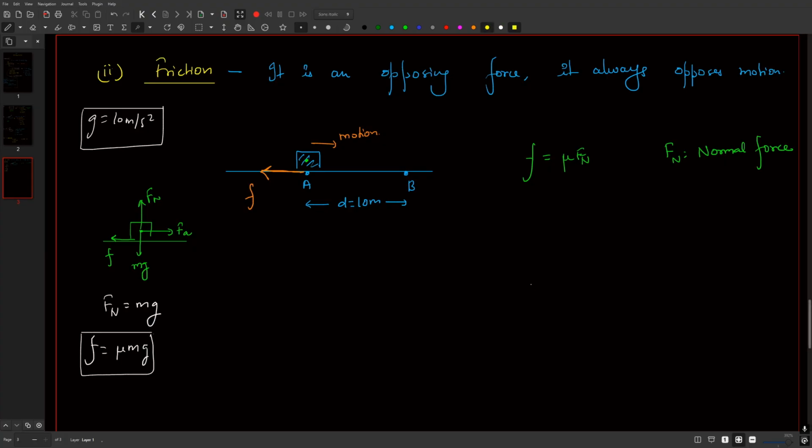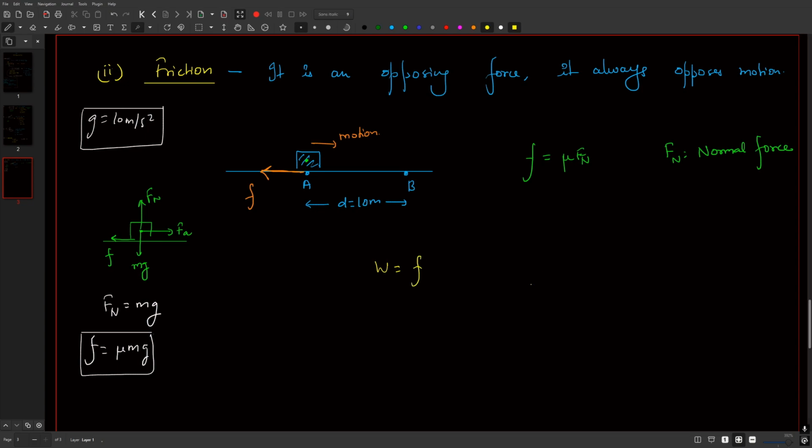So work done, this is the force under consideration. Remember, when I wrote down the expression, I said force under consideration. So it can be applied force, it can be force of friction, it can be other forces which we will be talking about later in the video. So this is the force of friction.